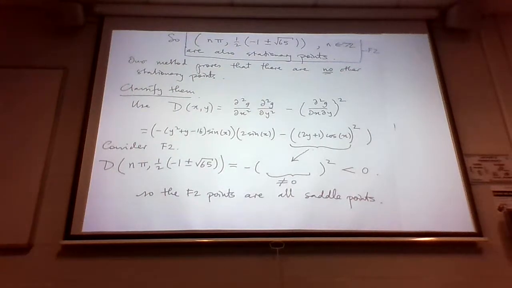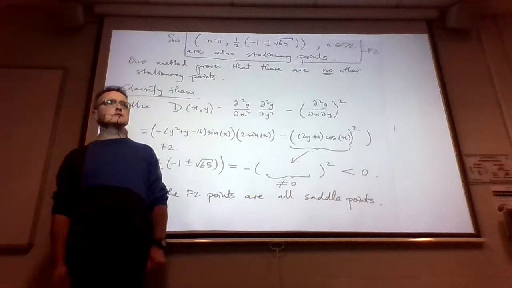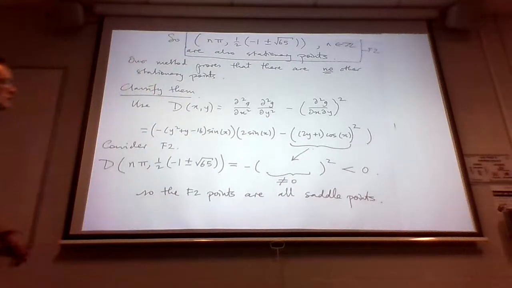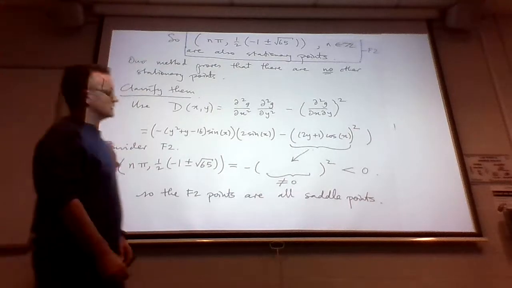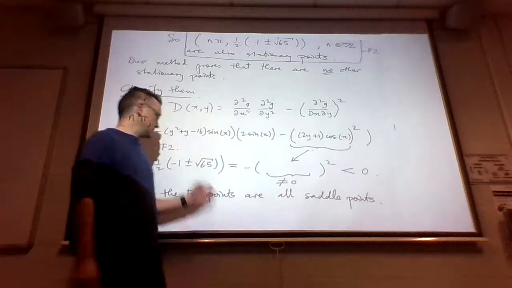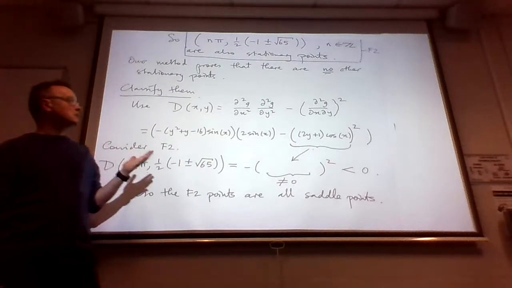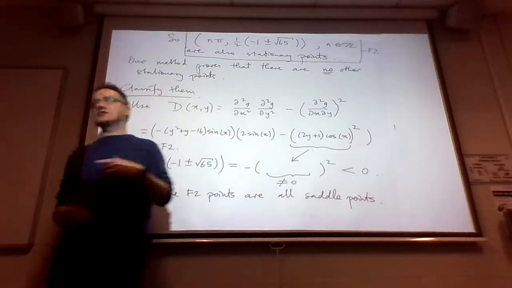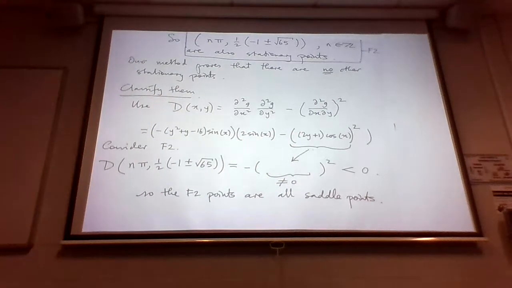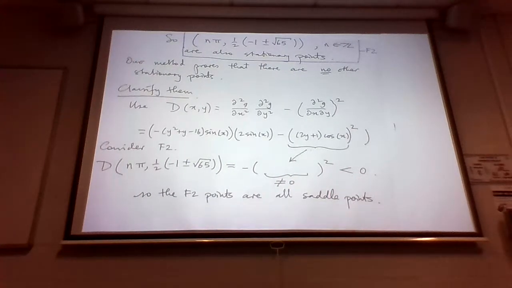Now, if I was submitting this for coursework, I would evaluate this and get the value out of it. But for our purposes now, cosine of n pi is plus or minus 1. 2y plus 1 is something that's got root 65 in it, something non-zero, and we're squaring it and then taking the negative of it. So it's a negative quantity. And the classification scheme that we looked at this morning said if the Hessian determinant comes out as negative, you're looking at saddle points.